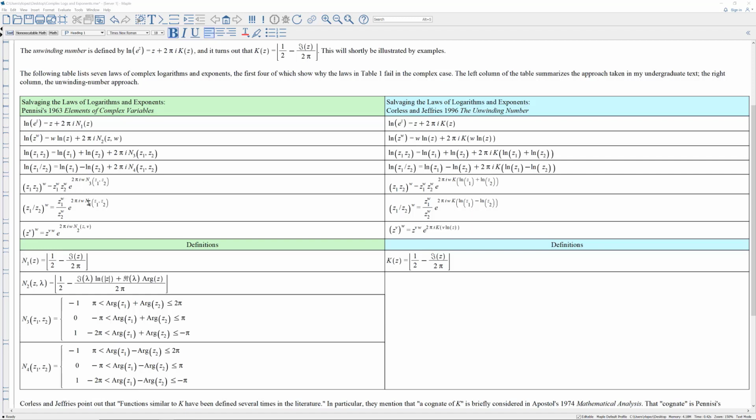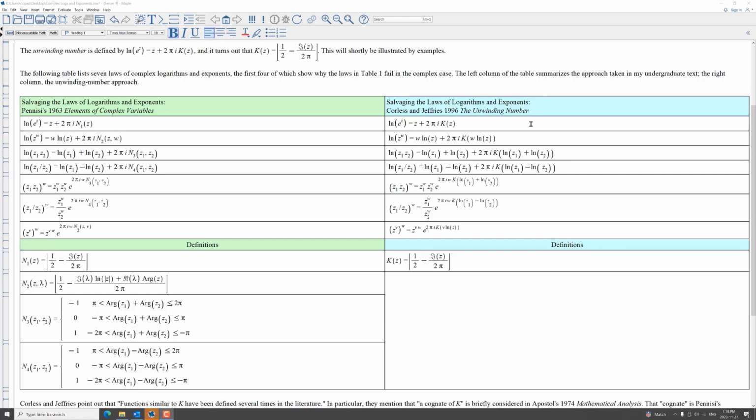Yes, if you include this adjustment factor. That adjustment factor includes N4. If you have z to the v, and that's all raised to the w, can you multiply these two exponents? Only if you include this adjustment factor, and that's got an N2. So not only do you have to remember these four functions, you have to remember when they apply.